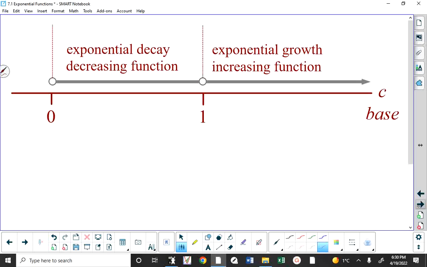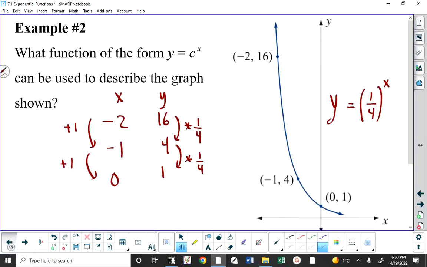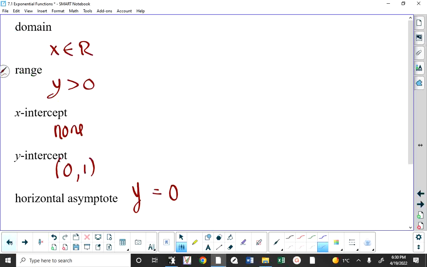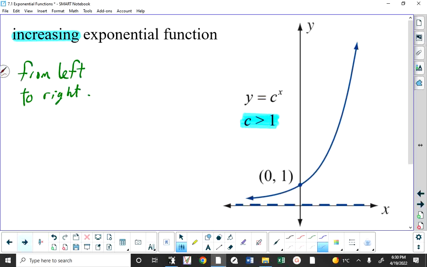And I would like you to add those terms to that graphic on the first page of this lesson. Or you could add those terms to these graphs. This is exponential decay. This is exponential growth.